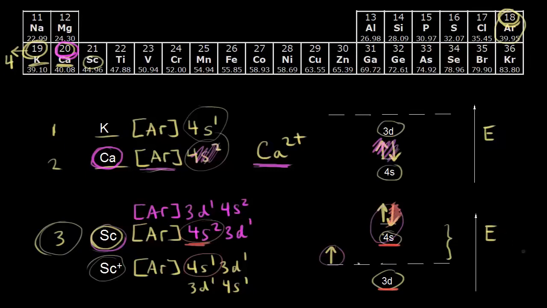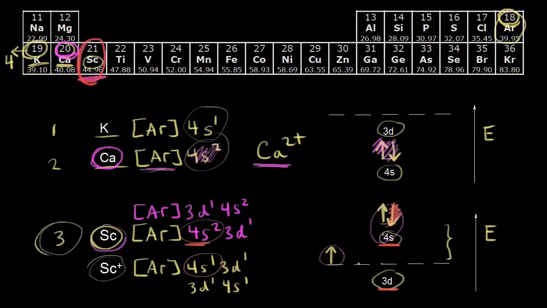You don't see this a lot in textbooks, and I think the main reason for that is that if your goal is to write electron configurations, let's say you're taking a test, and your goal is to write the electron configuration for scandium, the easiest way to do that, let me go ahead and use red here, is to look at the periodic table.